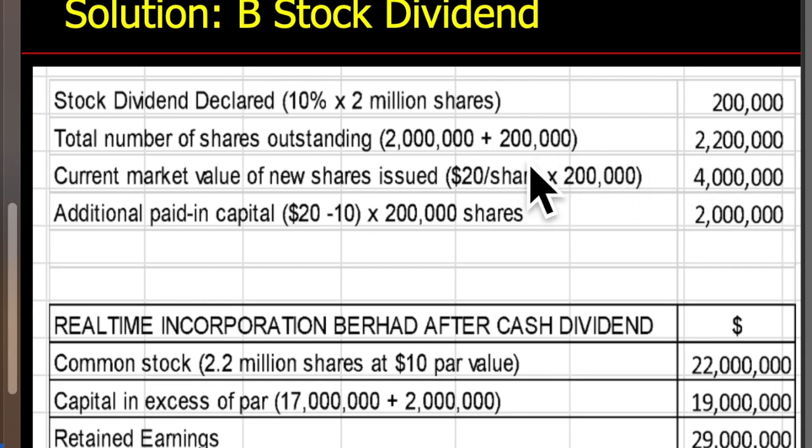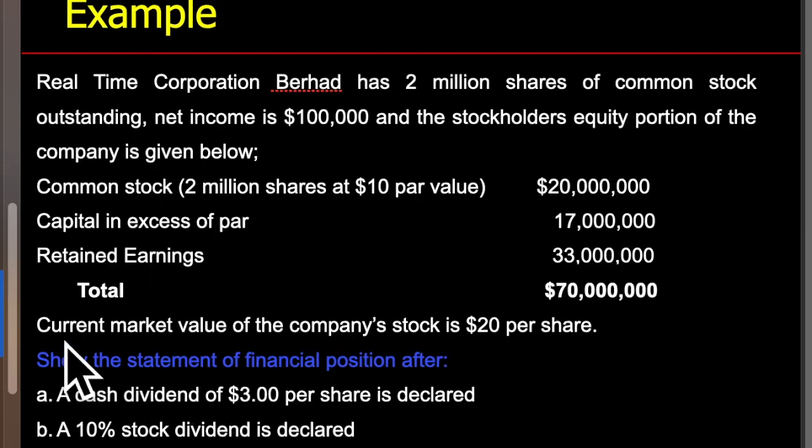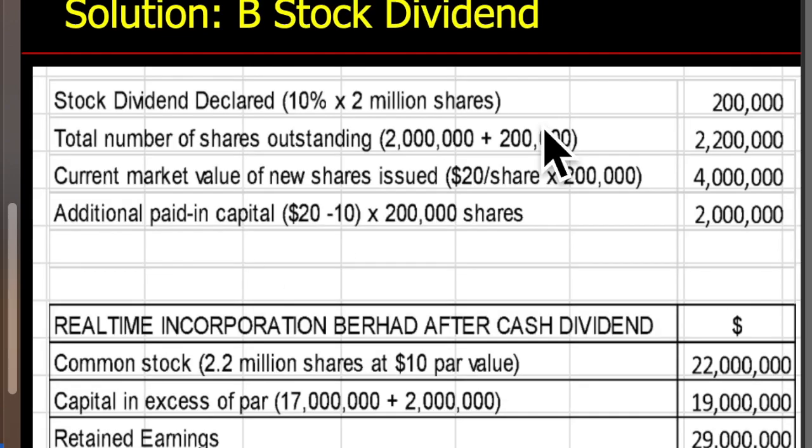Don't use the overall, we use what? The new amount that we are issuing to shareholders. The current market value of the company stock is $20 per share. So we use the current market value for only the new shares, which gives us $20 per share multiplied by 200,000. It gives us 4 million.